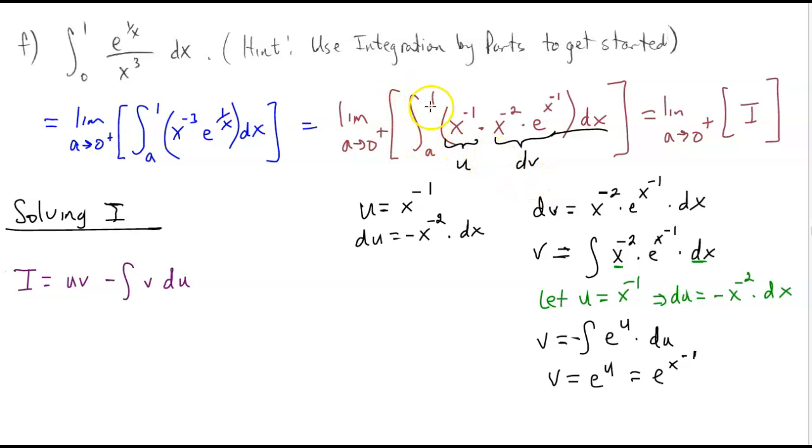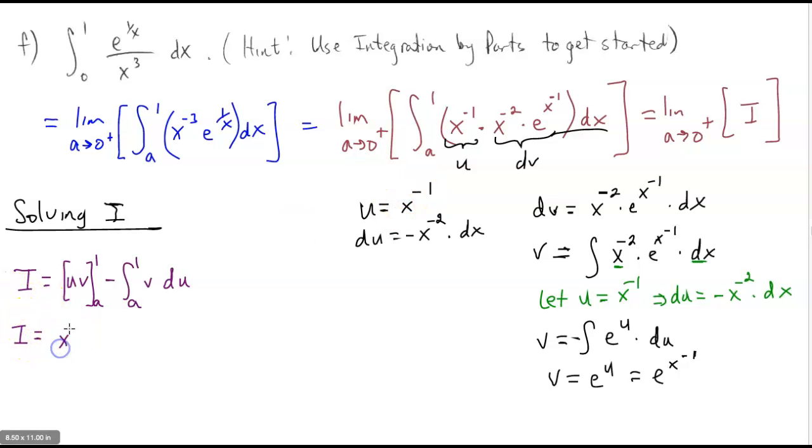And note here that because we have a definite integral, we're going to have to put our limits of integration here and also here. Okay. So our u is x raised to the negative 1, or just 1 over x.